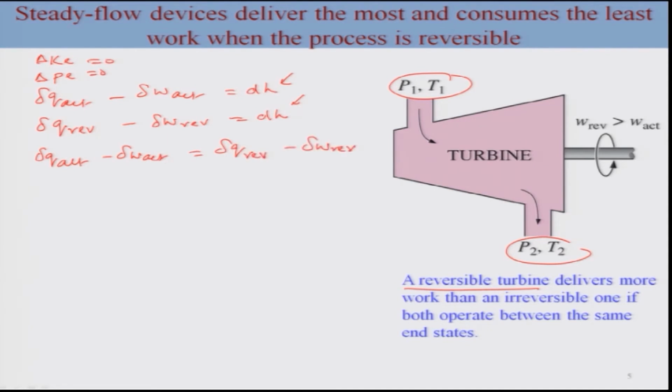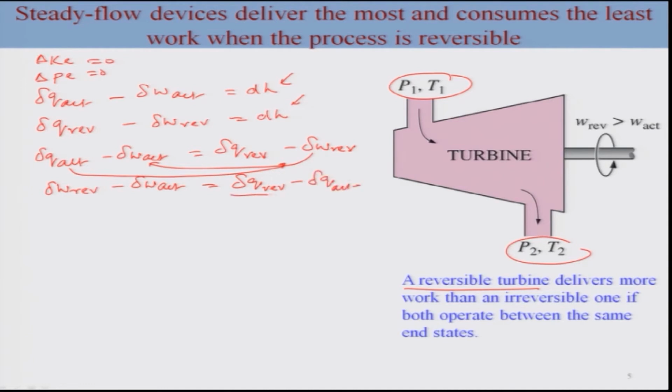You can rearrange, bring this W together, so this is brought here and this is brought there, minus del Q actual.